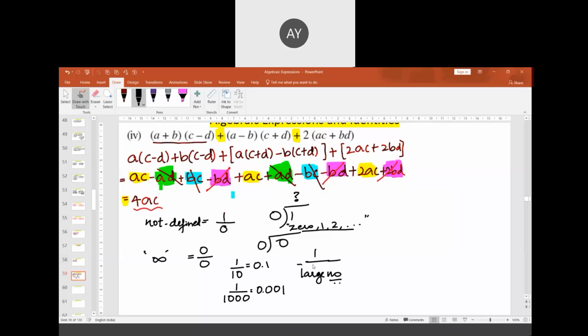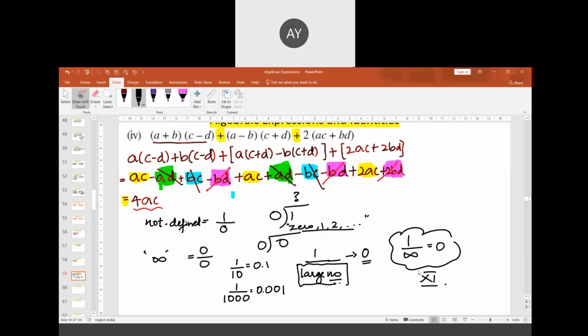Whenever the denominator becomes very large, the value will tend to be 0. It comes closer and closer to 0. So if we say that 1 by a large number, say infinity, is considered as 0. This concept you are going to study in class 11th.